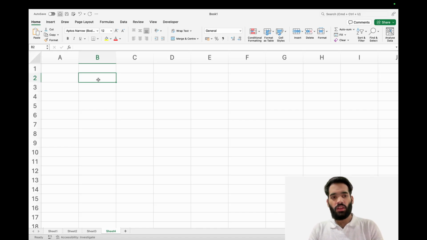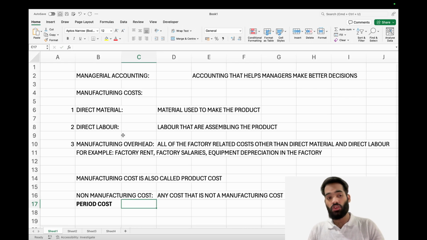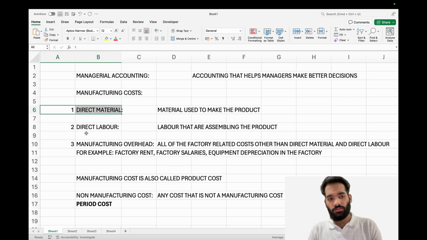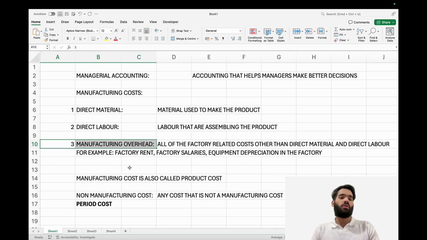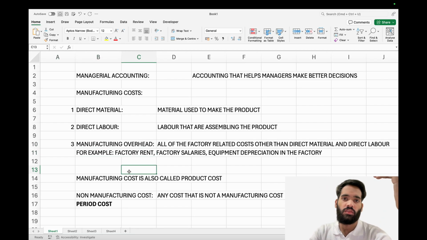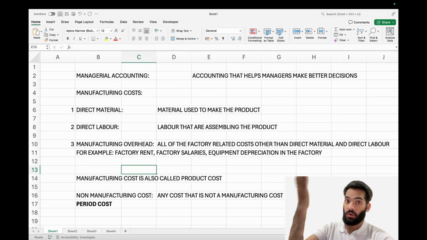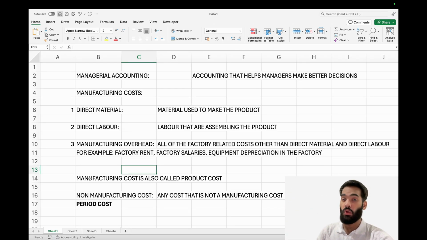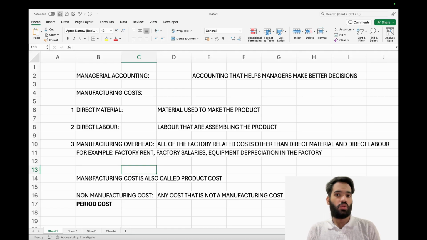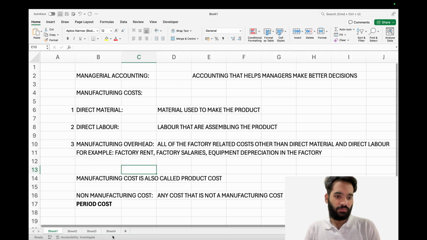When you're finding the manufacturing cost, we already established that there are three manufacturing costs: direct material, direct labor, and manufacturing overhead. So if you're supposed to find the total manufacturing cost, it means direct material plus direct labor plus the overhead, and you would need to know all three numbers.